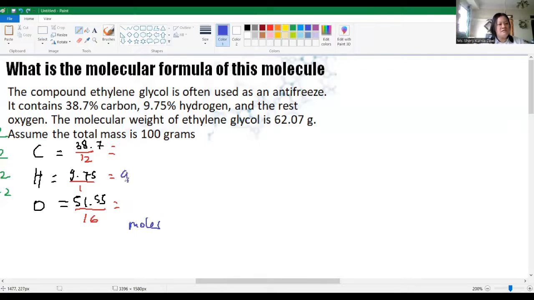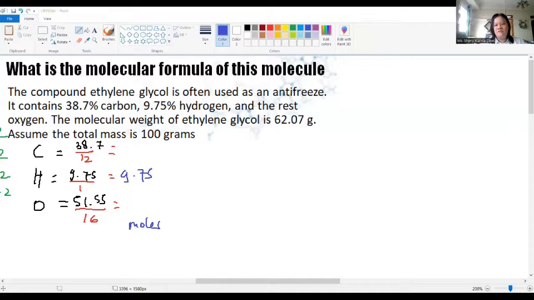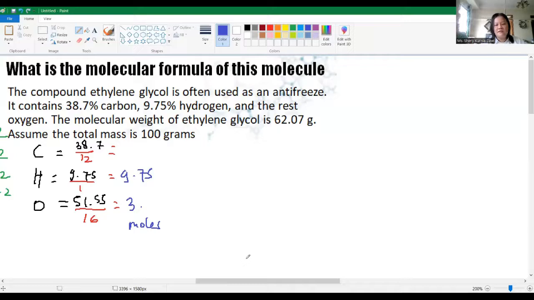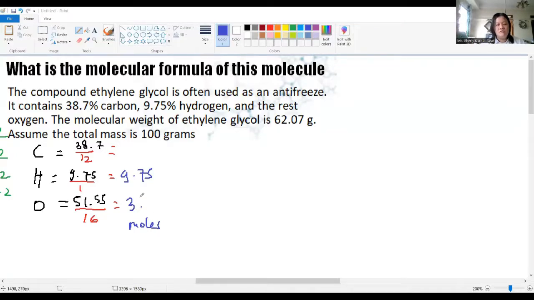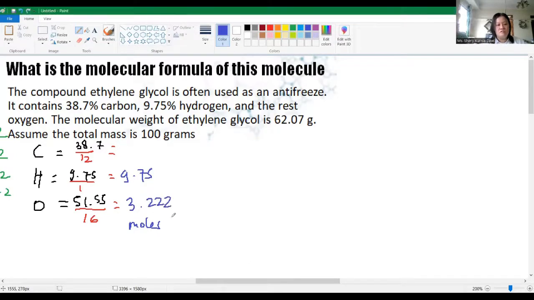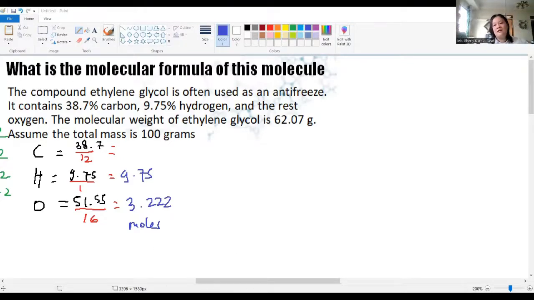This one is 9.75 because it's divided by 1. I will do it first with the oxygen. The oxygen is 3.2218, so I will make it into 3.222.